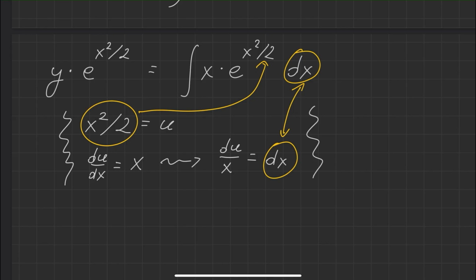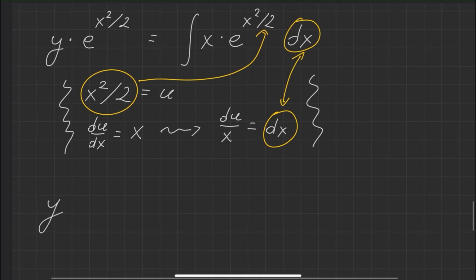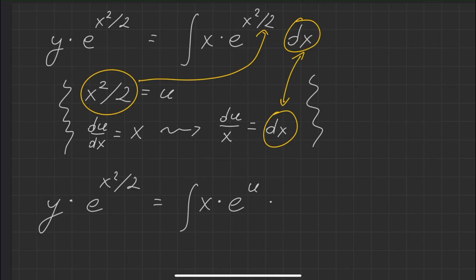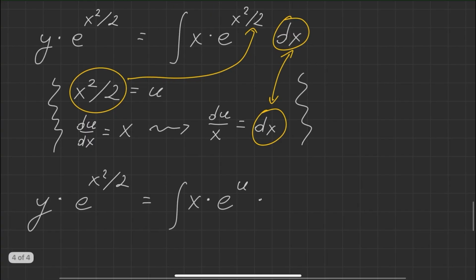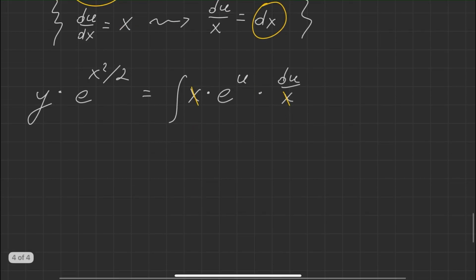So we can substitute everything very easily to get the following expression. x times e to the power of u times, now our dx has become du divided by x, where these two x's cancel out.